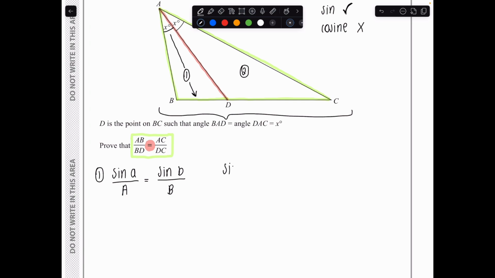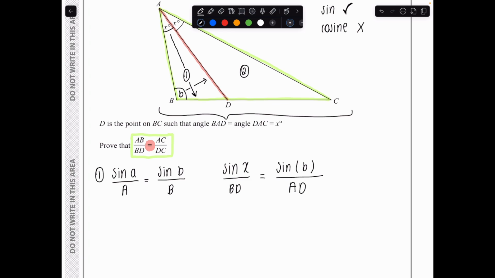So we can write sine of x over BD. But now we also need to consider a different angle in our triangle. So let's say we consider this angle, and let's label that angle B. So in this case, sine of the angle B is then over, what's the opposite? The opposite in this case would be the side AD.